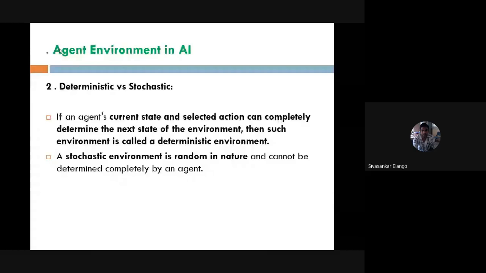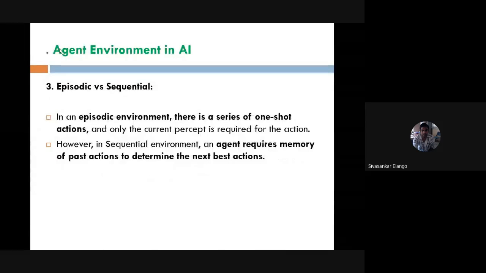And the next category in agent environment is whether an environment is going to be episodic or sequential. In the case of episodic environment, we have atomic actions, or a series of one-shot actions, and only the current percept is required for the actions. So episodic environment means we have only one-shot actions and only the current percept is required.